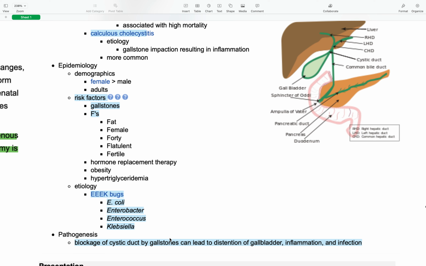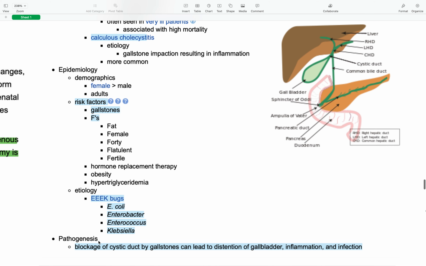So the pathogenesis is that this is the cystic duct. If a stone is lodged into this, it can lead to distension of the gallbladder, resulting in inflammation and infection. So this is basically the pathophysiology associated with cholecystitis.